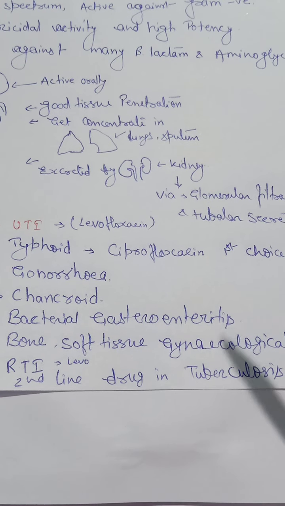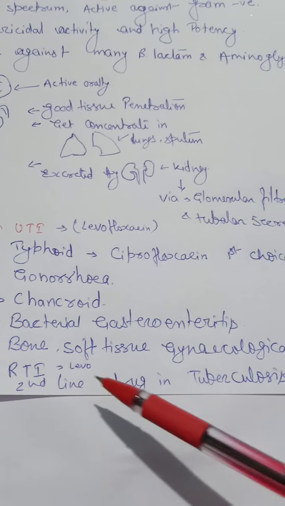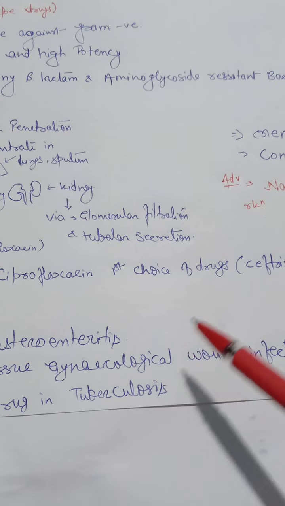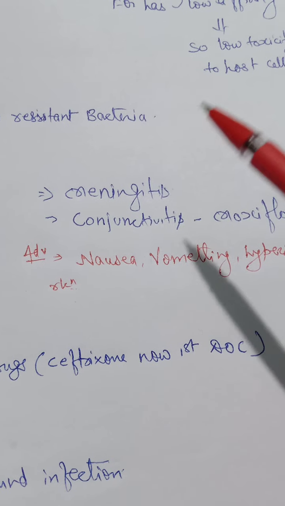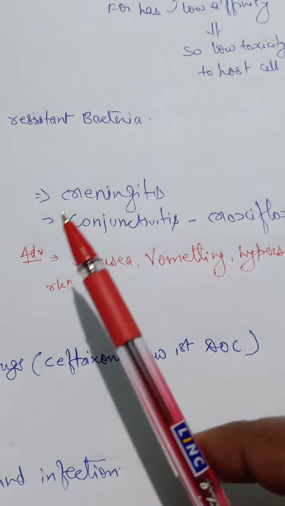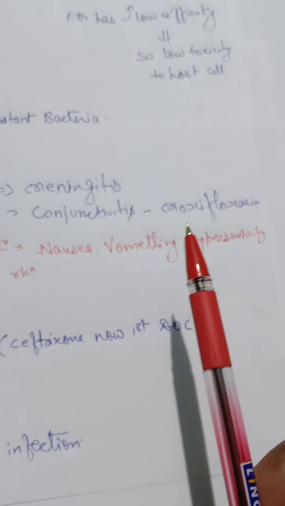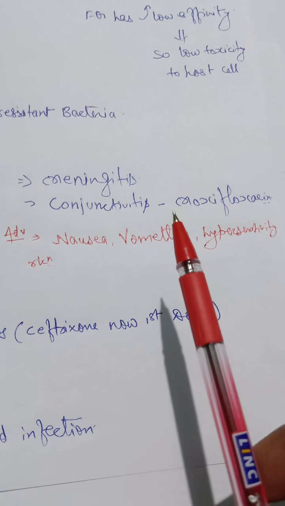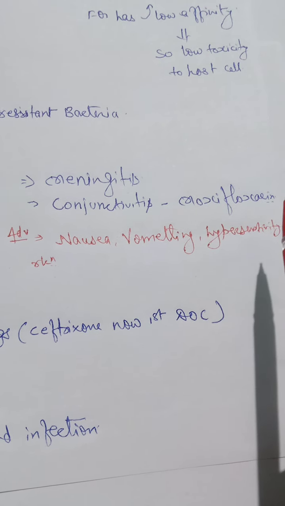The most common drugs we use in tuberculosis are levofloxacin or moxifloxacin. Other uses of the fluoroquinolone drugs include meningitis. In conjunctivitis, we can use the drug moxifloxacin.